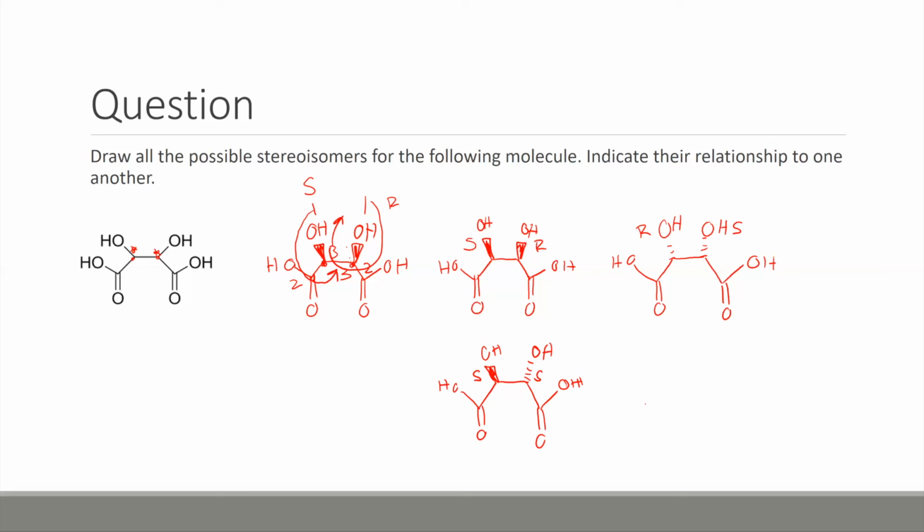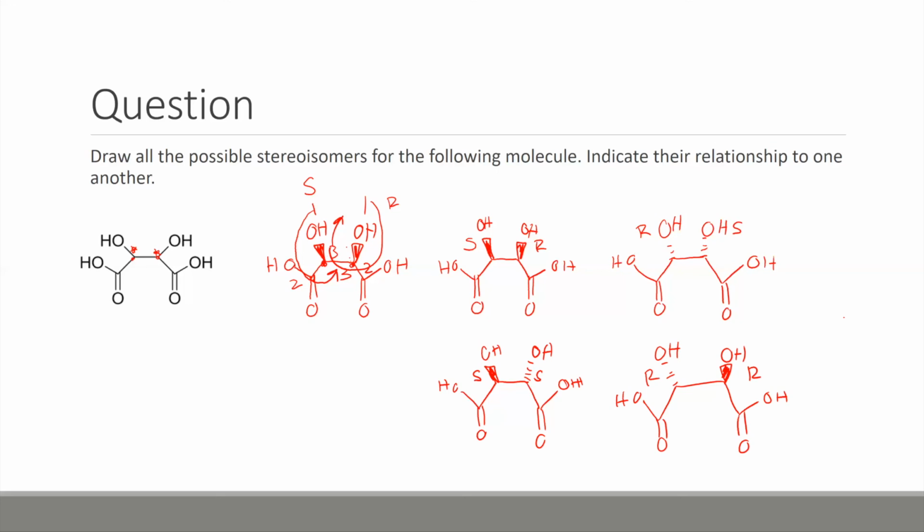And then the last version we could have is if we have one going back and one going forward. And this would be RR configuration.